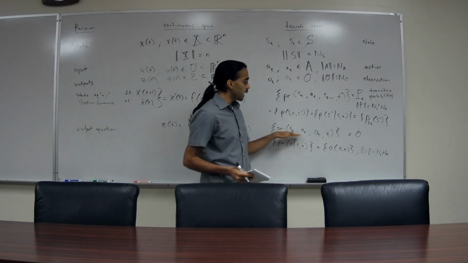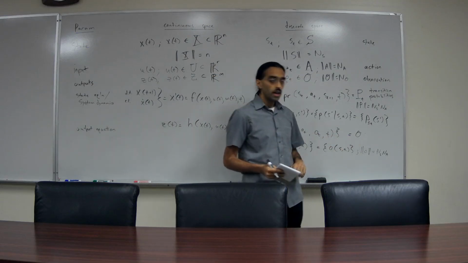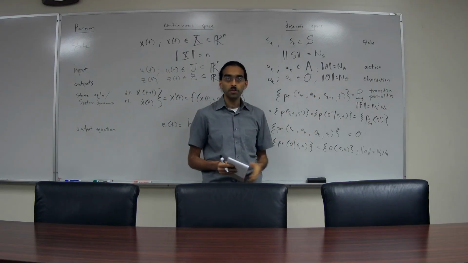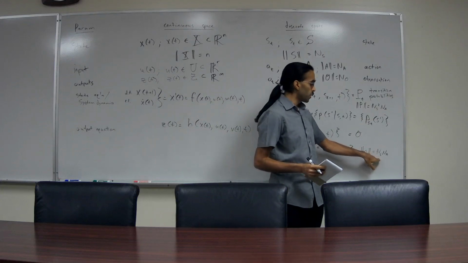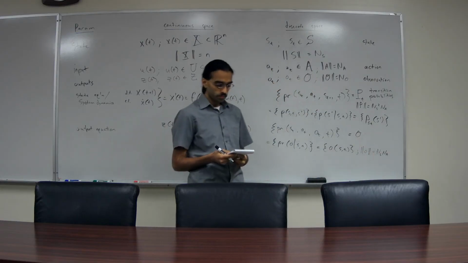Which means if you wanted to write out the collection of probabilities like this, then this wouldn't be the observation space, but this would be the set of observation probabilities. That would be the number of states times the number of actions times the number of observations.